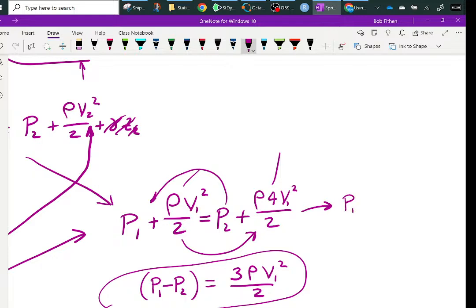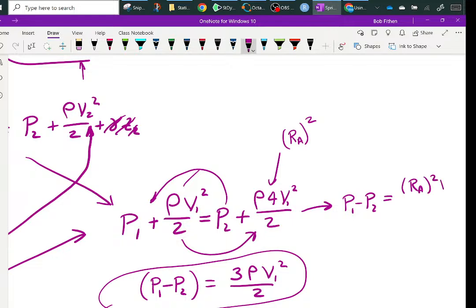P1 minus P2 is equal to, okay, the 4 is the area ratio squared. So it would be the ratio of the areas squared.